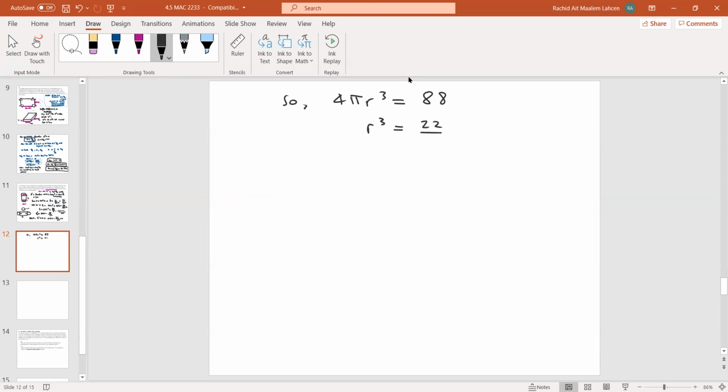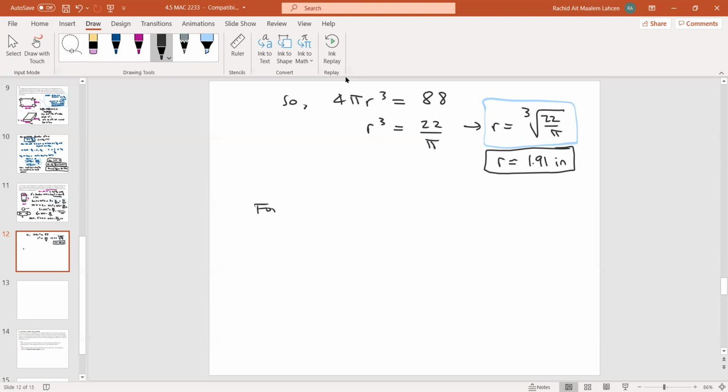We get 22 over pi. So r is a cube root of 22 over pi. So this is kind of the exact value that we need to use, right? Because for the answer, we use a calculator on this one, and for the rounding that is asked for in the problem, we can use 1.91.